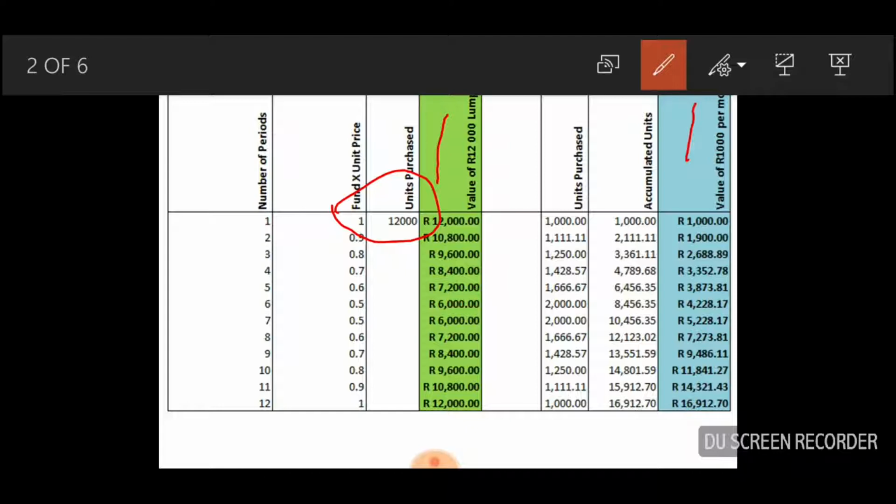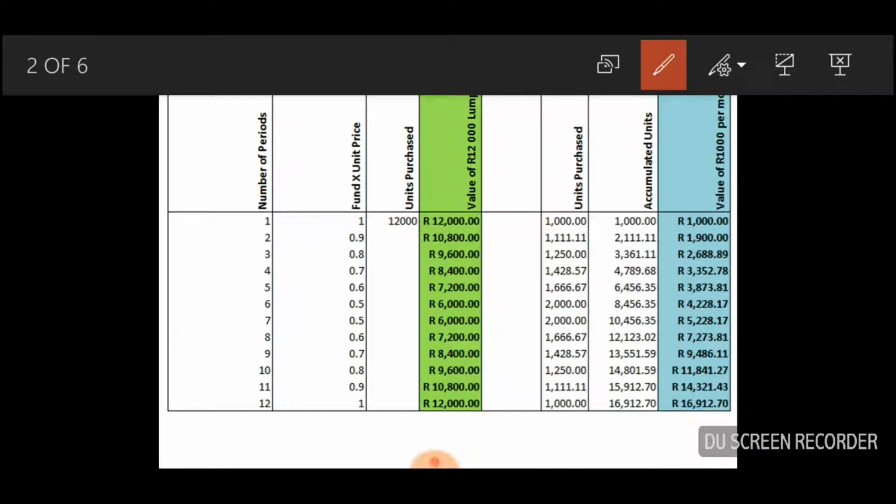And here, every period we're buying 1,000 Rands worth of units, but this table here shows you the unit price. So we can see that we're increasing the amount of units here as the unit price drops, and it'll then show the cumulative amount of units that we have at each point and the value of those units.